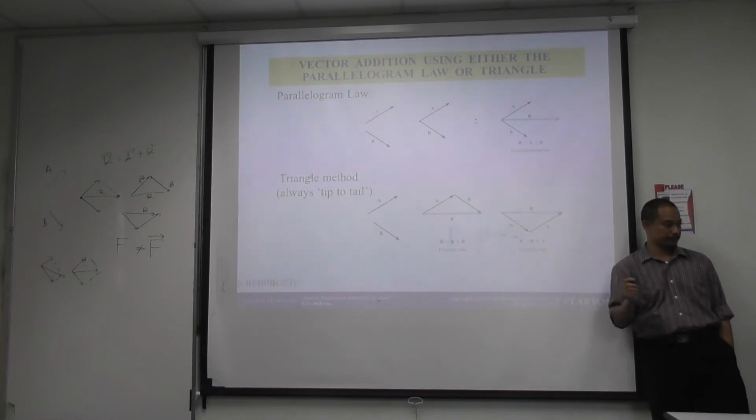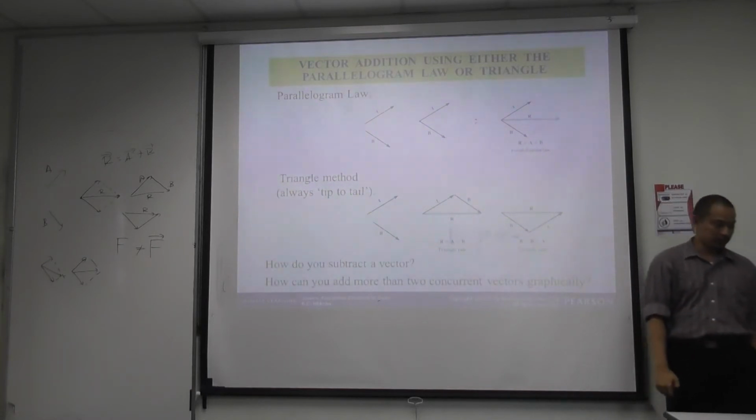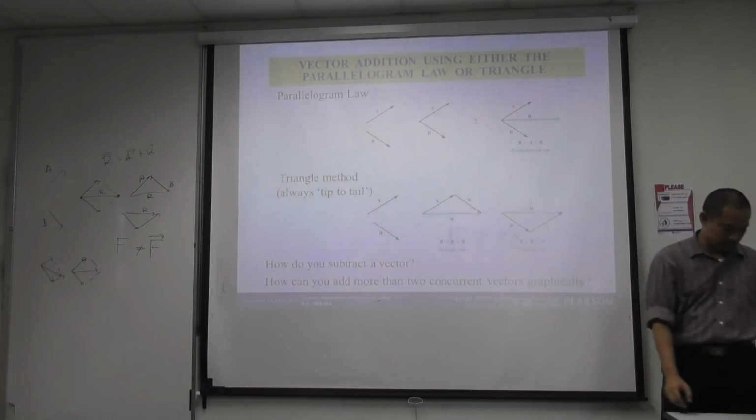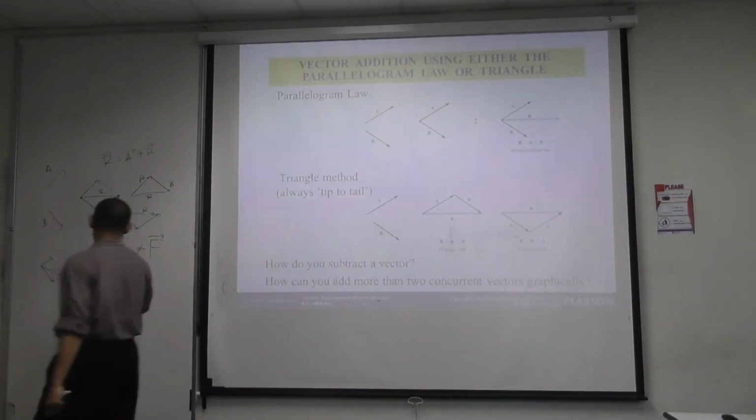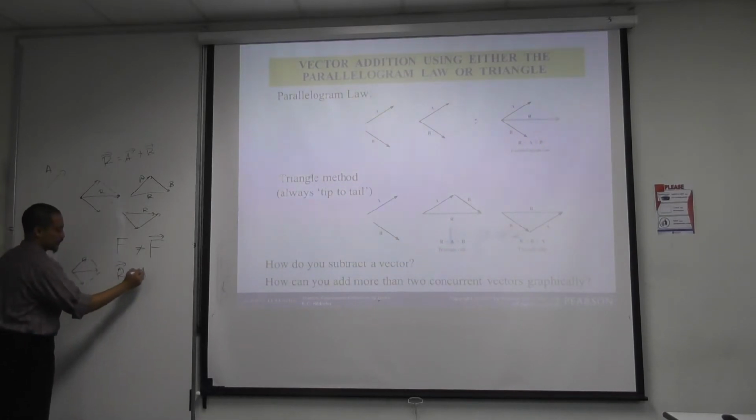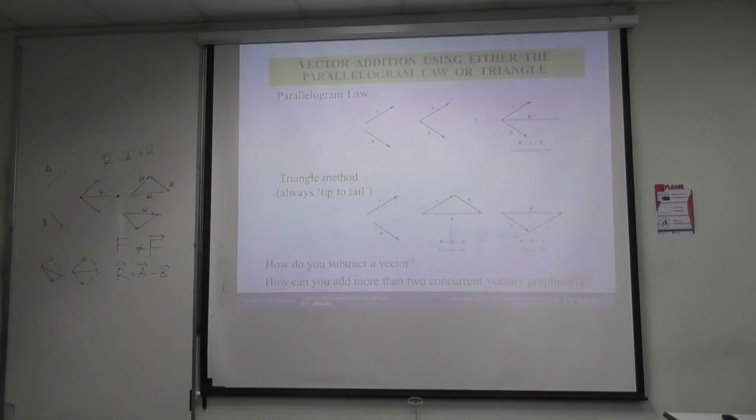So how do you subtract vectors? For example, A minus B, what do you do? If R is A minus B, from the same A and B here.